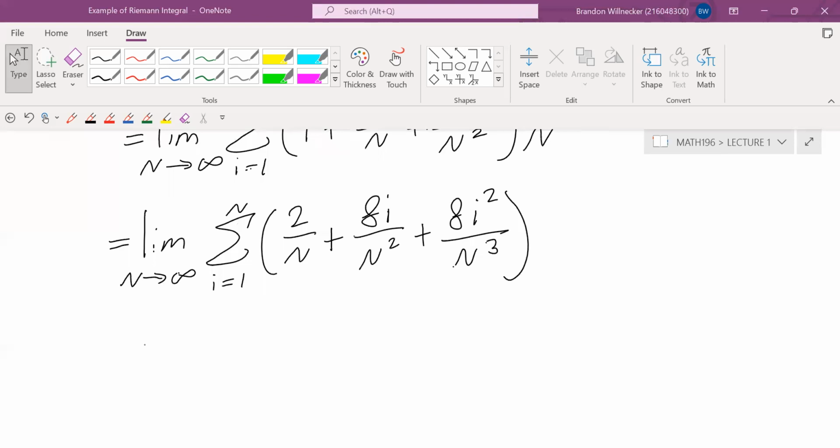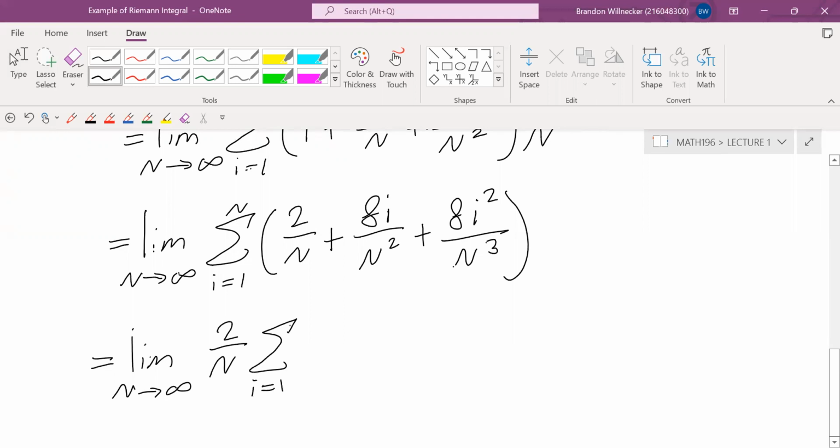So that's equal to the limit as n goes to infinity. Okay, now I'm going to distribute the sum or split the sum up into different parts. Okay, so we're going to have 2 over n, the sum from r equals 1 to n of just 1. Okay, because remember 2 over n doesn't depend on r, so we can take that out.